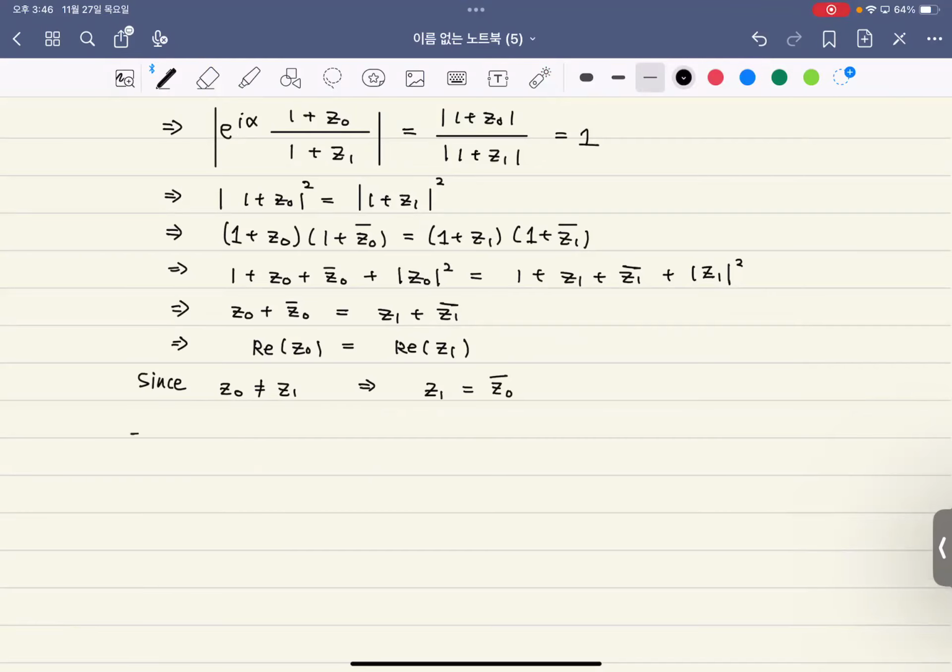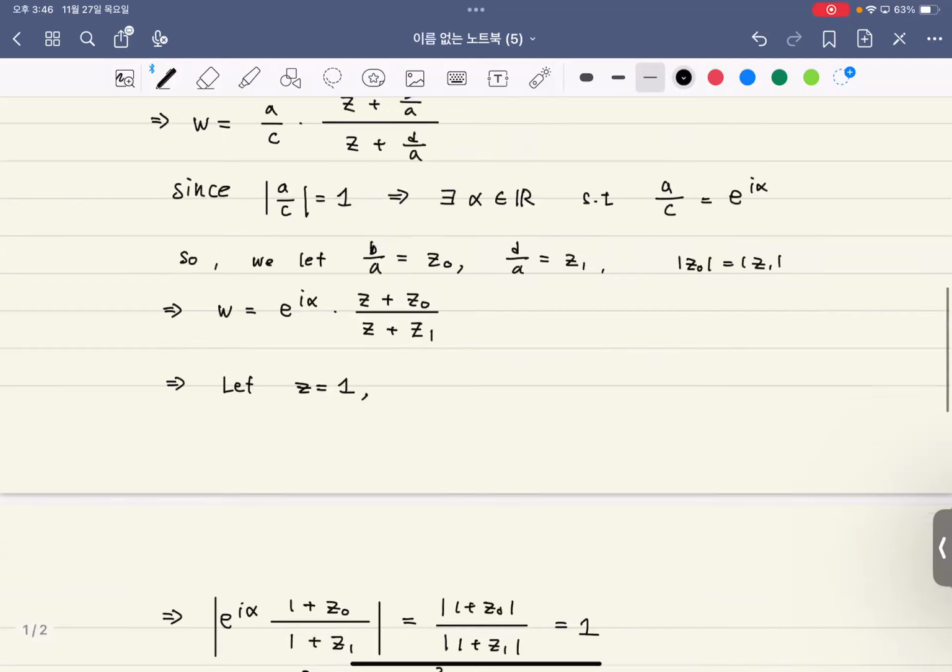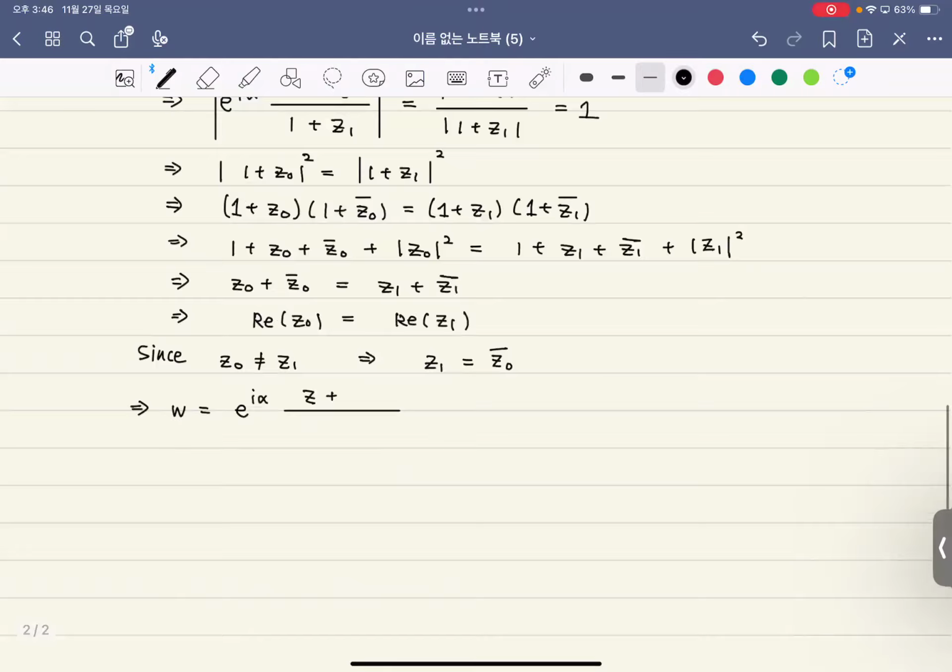So this means w is e to the i alpha times z plus z0 over z plus z0 bar. Okay, great.